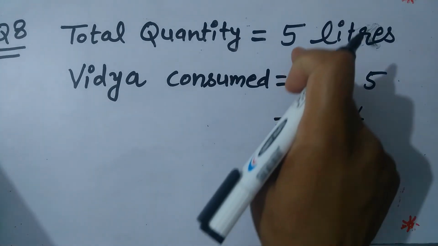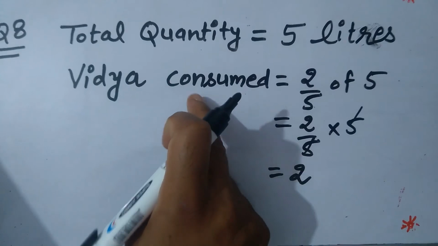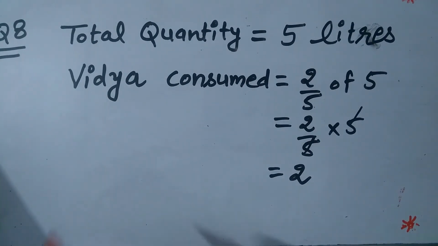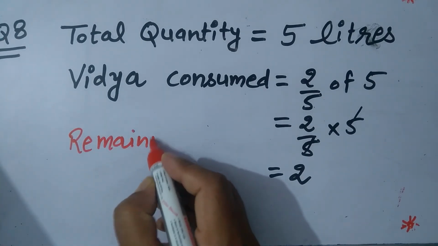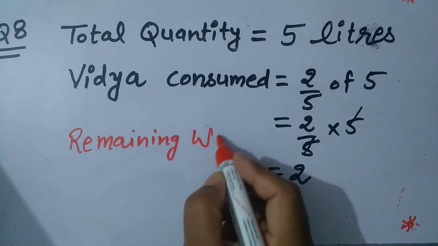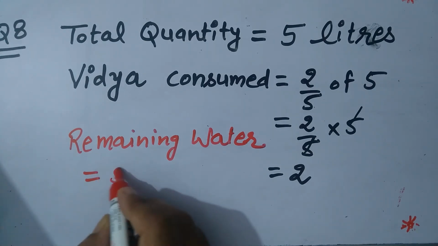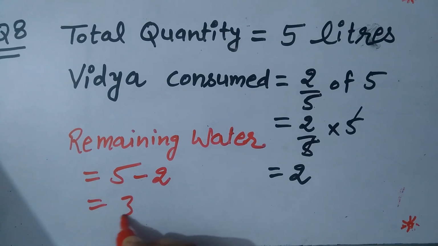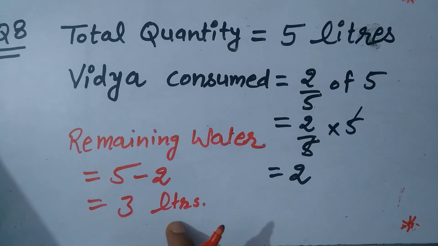So out of 5 liters, 2 liters of water was consumed by Vidya. So what is the remaining water out of 5? This 2 is subtracted, equal to 3 liters. 3 liters of water is consumed by Pratap.